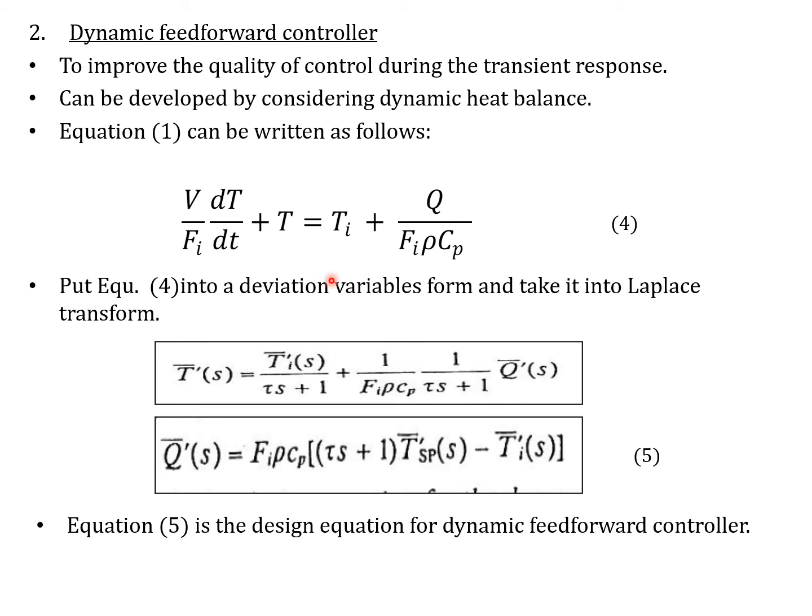Then we take the deviation variables and get it into Laplace form, and we can get the dynamic relationship between Q and the variables, with the set point which is fixed and the disturbance that changes, in Laplace form because it is dynamic. So equation 5 is basically the design equation that we are going to use to design a dynamic feed forward controller.